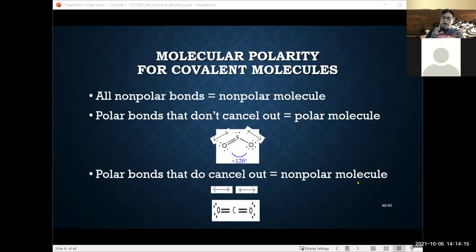So putting it all together, when you're given the formula, you come up with a structure like we did for both sulfur dioxide and carbon dioxide. Then you identify the polar bonds and see if anybody cancels out. If anybody cancels out, you've got a nonpolar species. If nobody cancels out, you've got a polar compound.